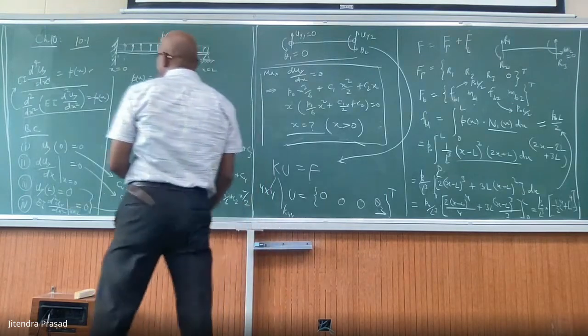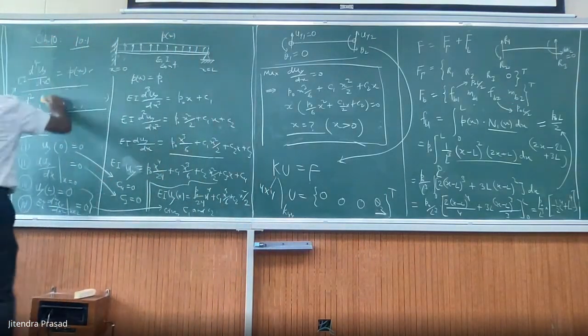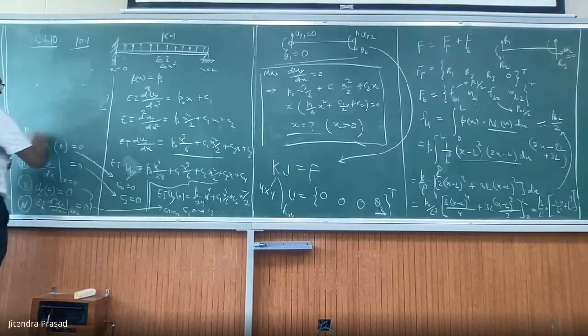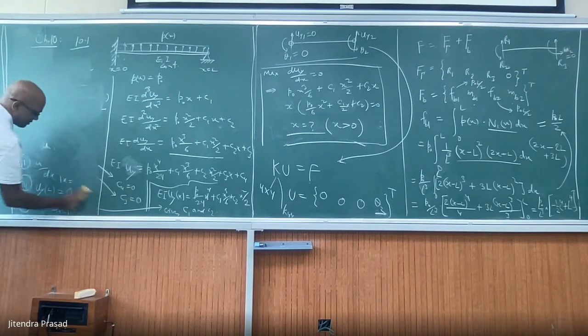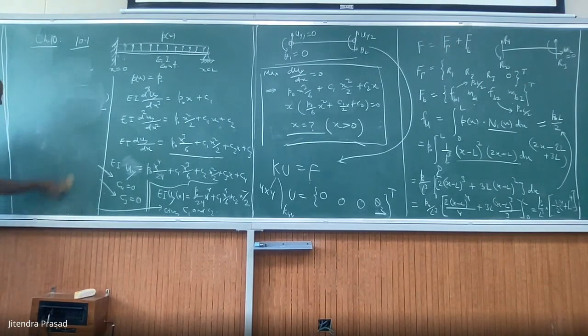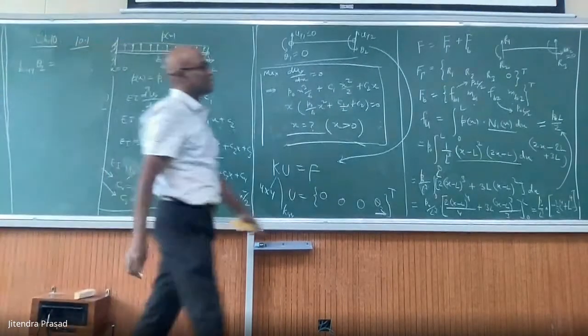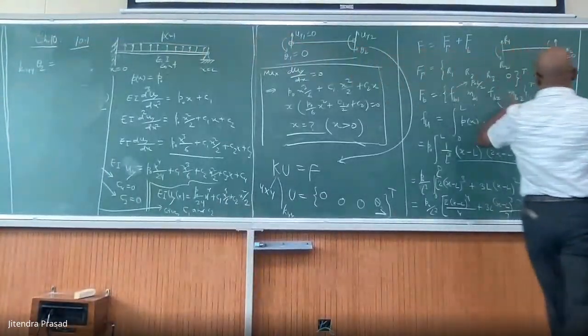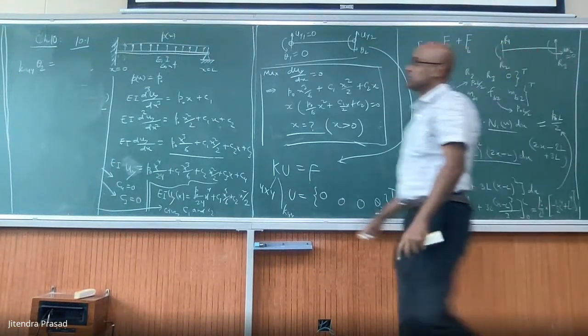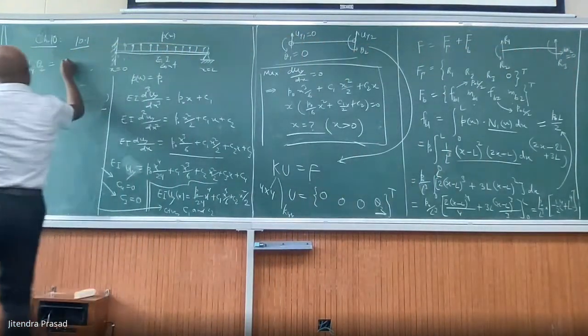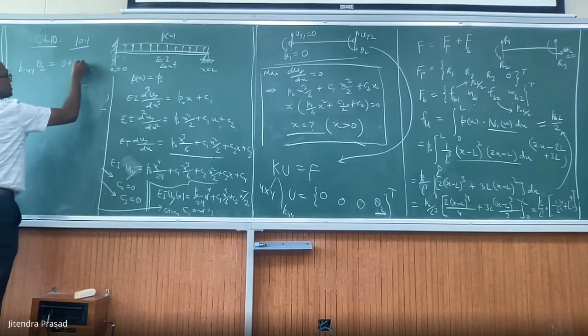What is the equation remaining? The equation remaining is k44 multiplied by θ2 is equal to whatever the values are here. So we get 0 plus MB2. Right? So 0 plus MB2.